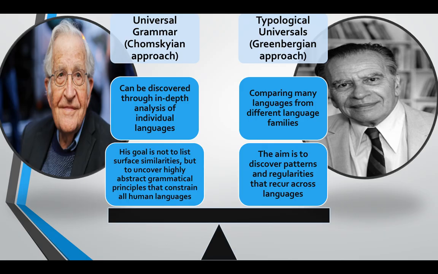They compare these languages to find recurring patterns and regularities. The universals discovered in this way are called typological universals. So this approach is more empirical and descriptive, focusing on what languages actually look like across the world.